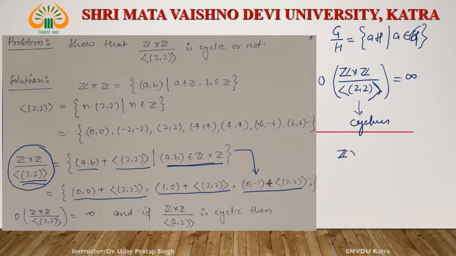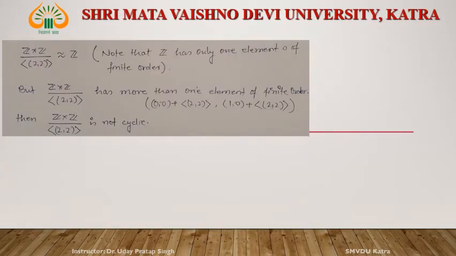That is Z. Then Z cross Z by (2, 2) is isomorphic to Z. If this is cyclic, then this is isomorphic to Z. Now see, what is Z with respect to addition? Z with respect to addition is a group, and the order of 0, its identity, is 1, and the order of every other element is infinite, such that a belongs to Z minus 0.